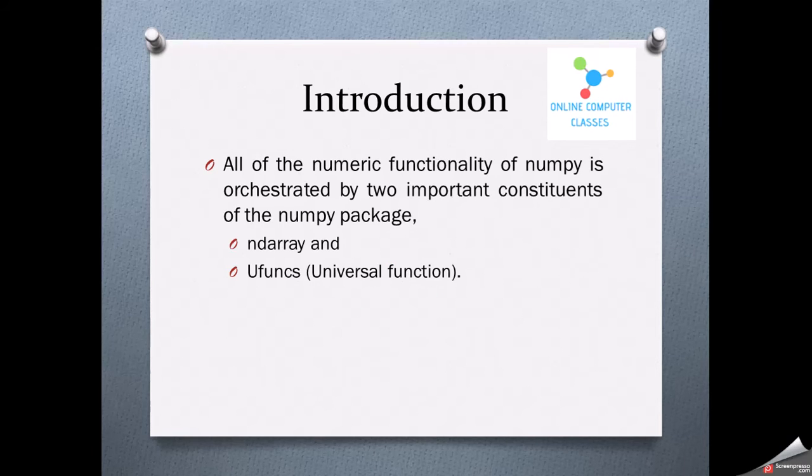Basically Numpy is a package which consists of two main constituents, and all the numerical functionality is implemented using these two: ndarray and universal functions, ufuncs, as we call them.